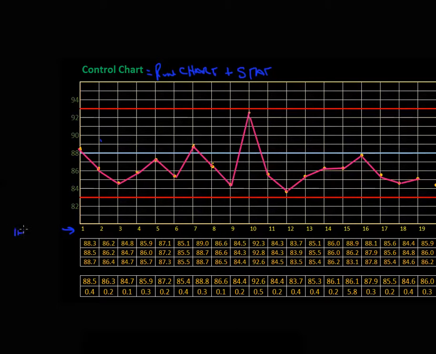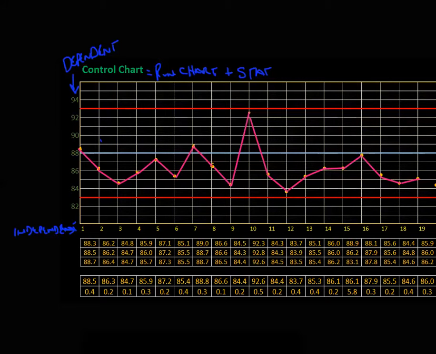So this is independent. And the vertical axis, right here, is the dependent. This dependent variable is really the one that we're interested in most. But the run chart plots the dependent variable over the independent variable. So the dependent is the result of the process.